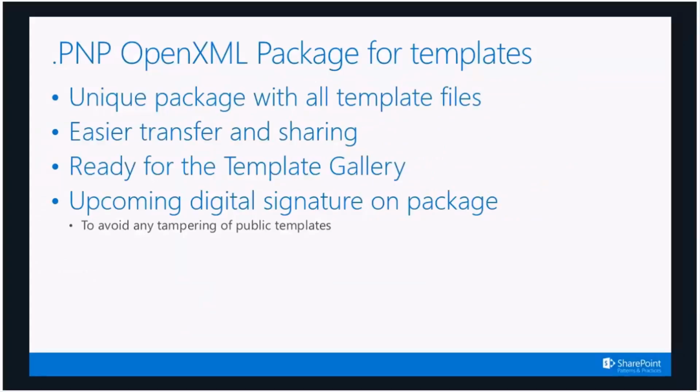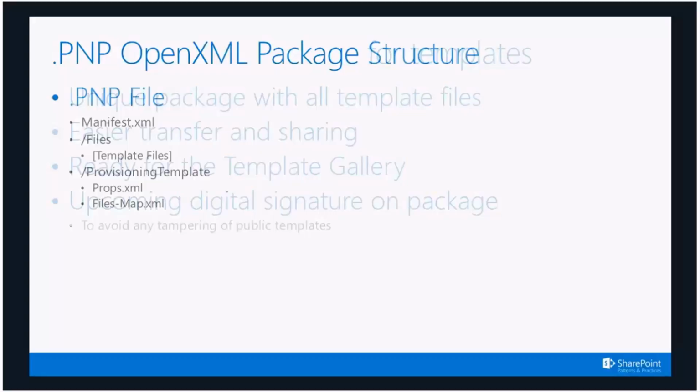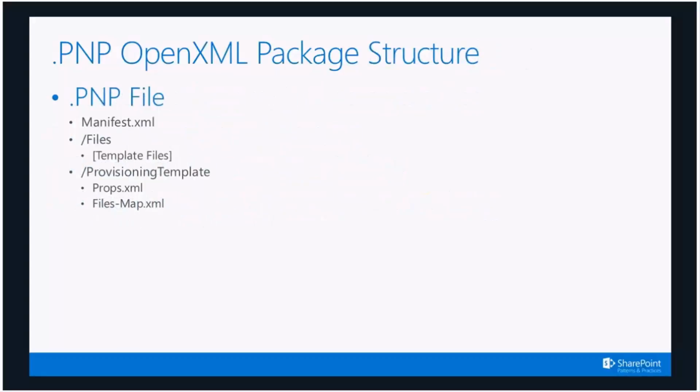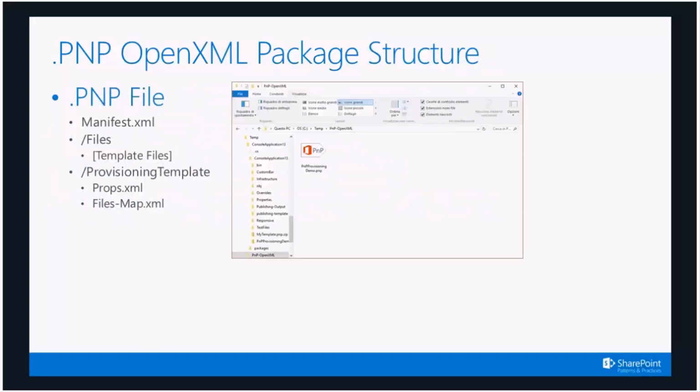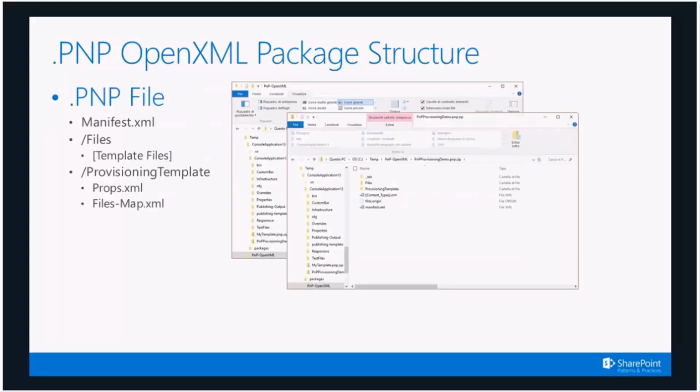We're also looking into having a digital signature on the package. What this means is that we have a PnP file, which is an OpenXML file format. It is .pnp and it has its own icon. If we extract that as a zip file, we can see the internals of the PnP file. It's almost like the classic cab file for WSP packages or an app file for the add-ins.